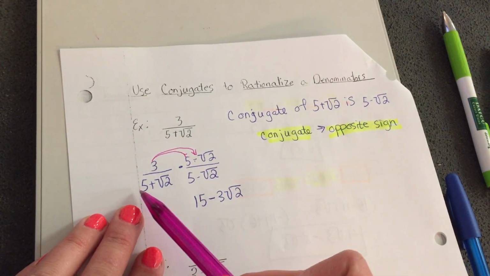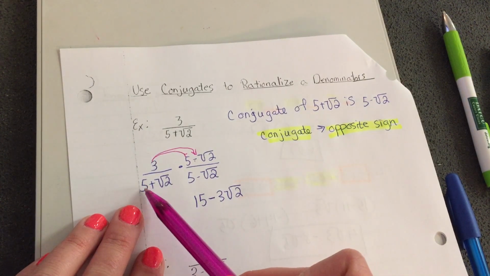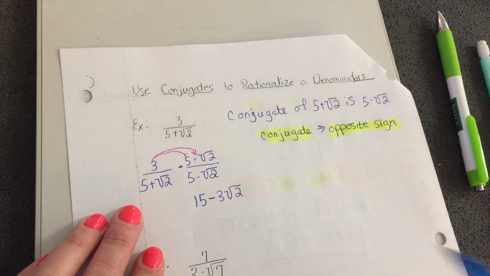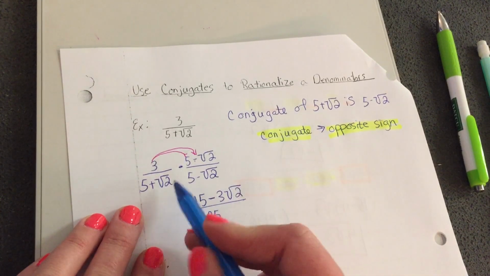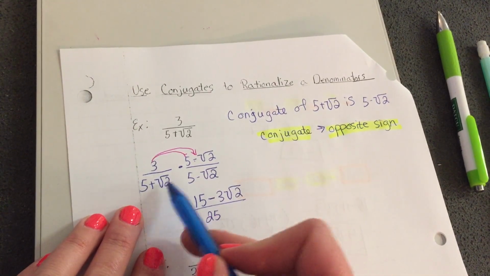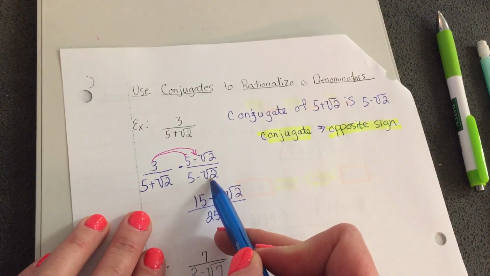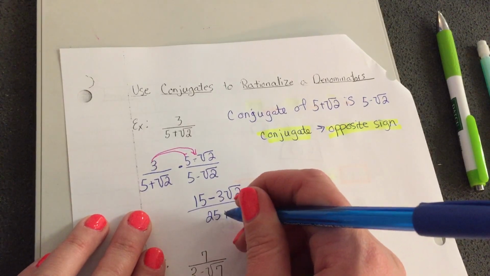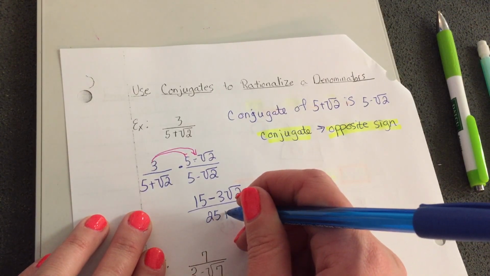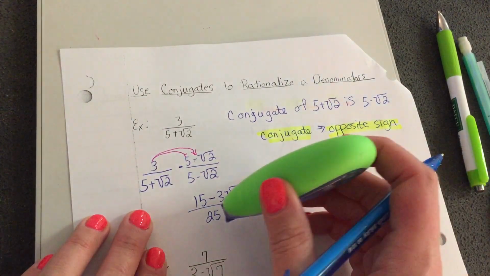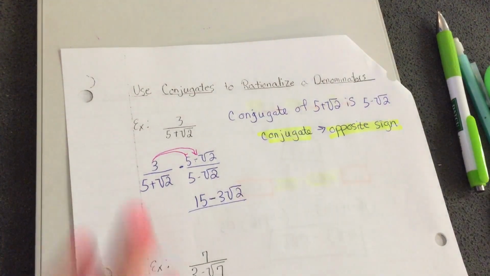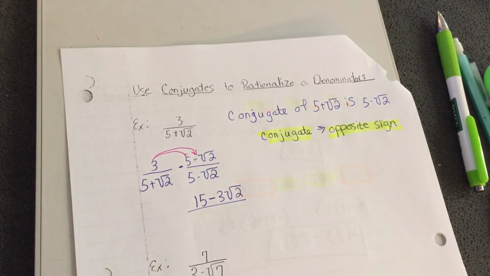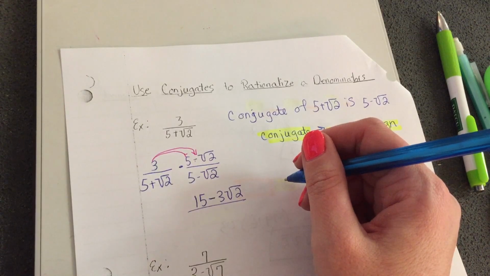But down here, we're going to say, what is 5 times 5? And then you have square root of 2 times the square root of 2. It's the distributive property, and it will go all the way through.